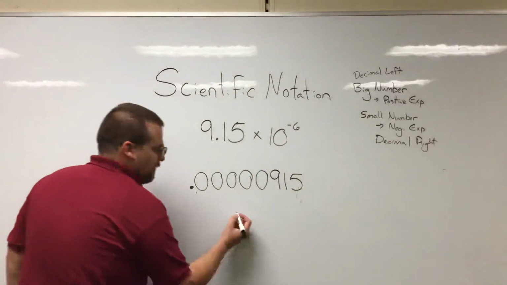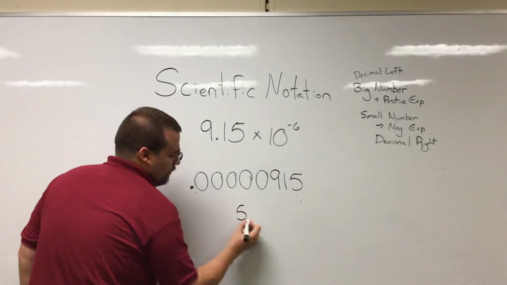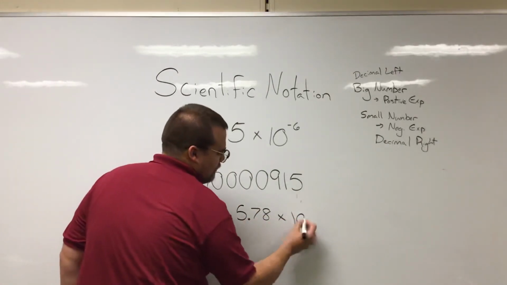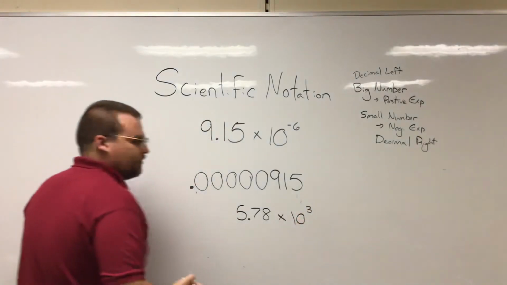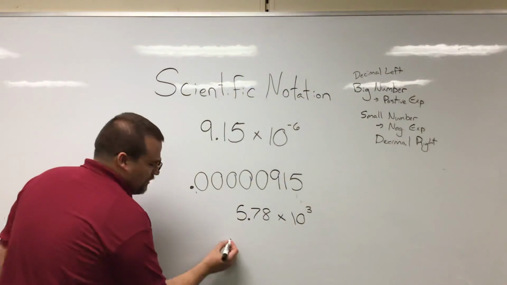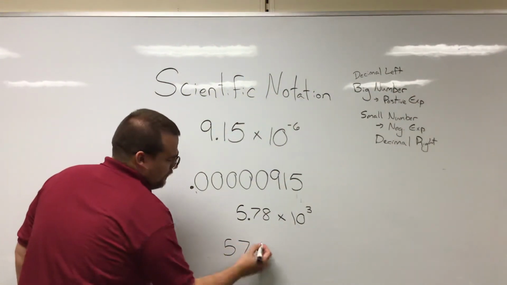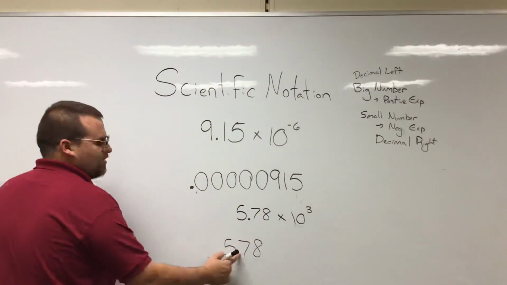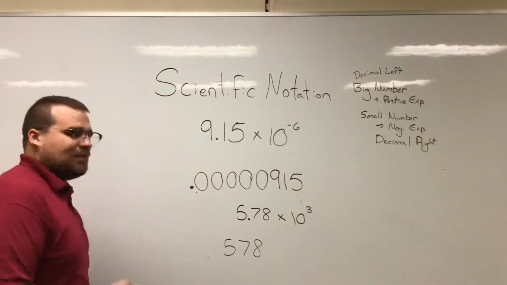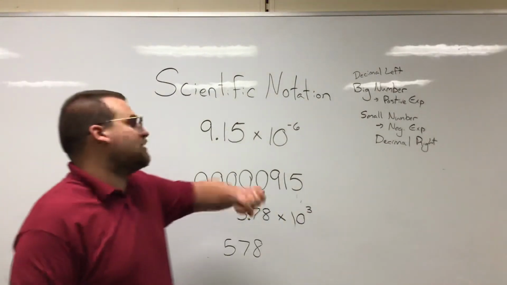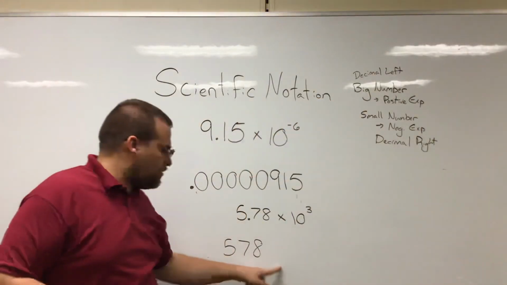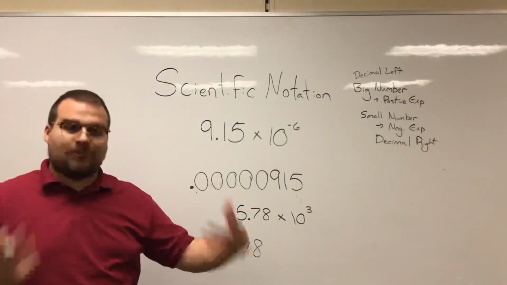If we had something like 5.78 times 10 to the third, then we would do this same thing. 578, I'm going to write it without the decimal, but again, remembering where that decimal was, and I'm going to move it 3 times. Now, since it's a positive exponent, it is going to be a big number. So I need to move that decimal so that it makes it look like this number is a little bit bigger.